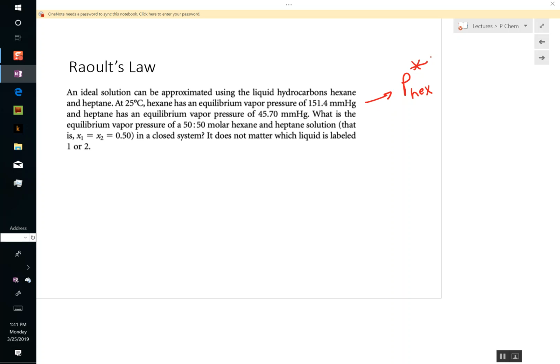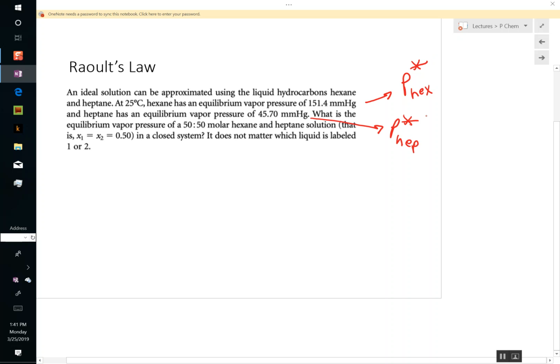This is the partial pressure of pure hexane at 25 degrees C. Heptane has an equilibrium vapor pressure of 45.7 millimeters of mercury. This is the partial pressure of pure heptane.